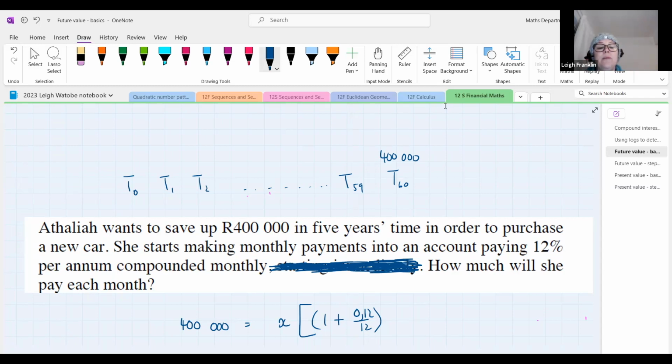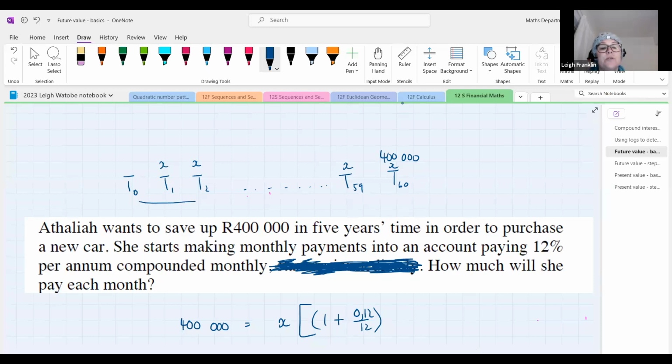She starts making monthly payments into an account paying 12% per annum compounded monthly. There's no implication now that she makes an immediate payment. So nothing happens at T0. She starts paying here at T1. And she's going to do that every single month.